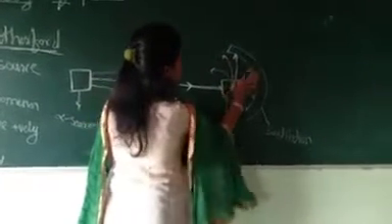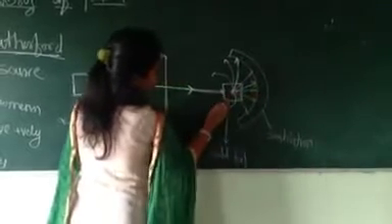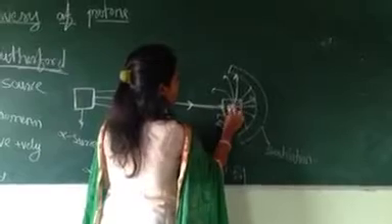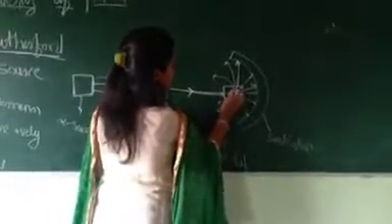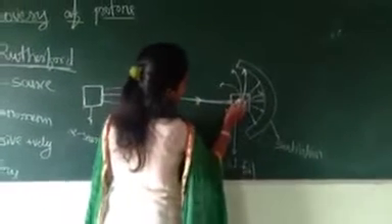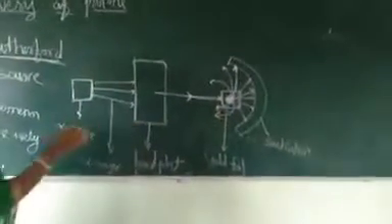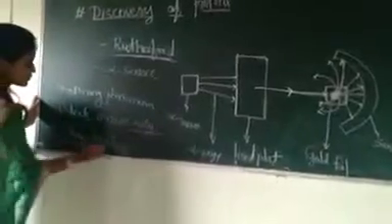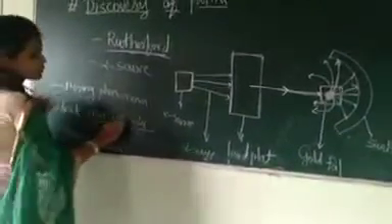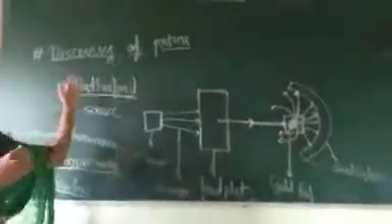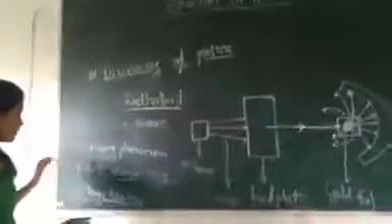Some radiation goes straight and some bounces back. They bounce back because there is a nucleus here. This is a massive, positively charged nucleus, which means protons are positively charged. That's why this is the proton.